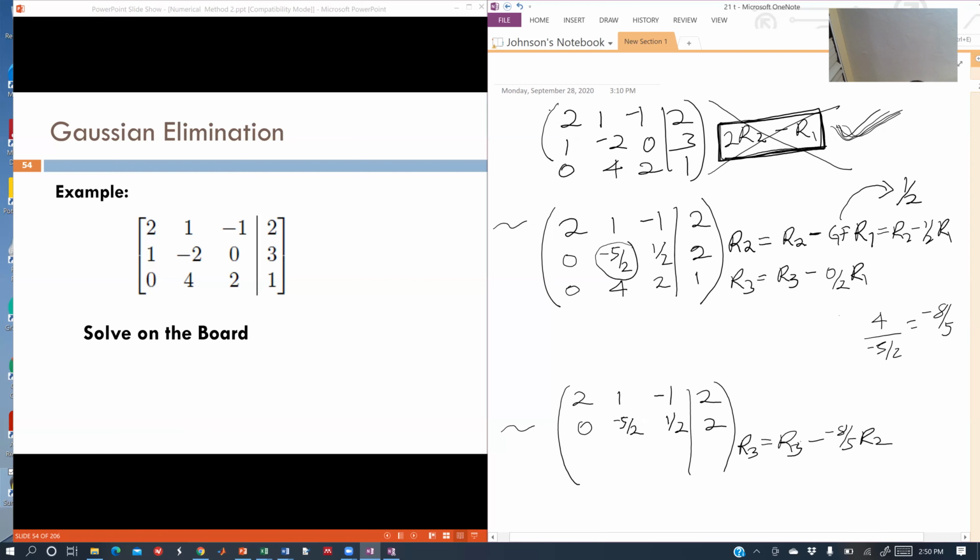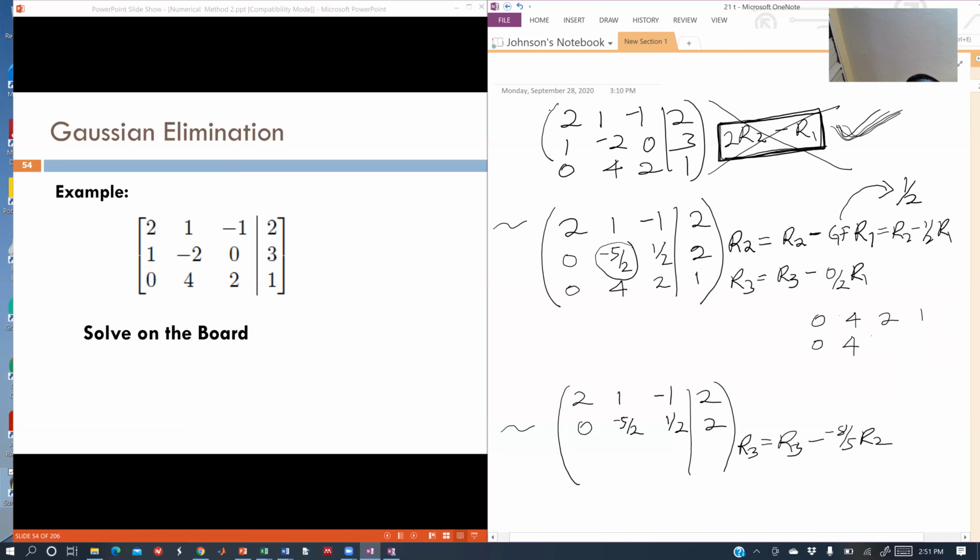So what do we get by that simplification? Let me do that computation. My row 3 is 0, 4, 2, 1. When I multiply negative 8 on 5 by row 2, I'm going to get 0, 4 here.